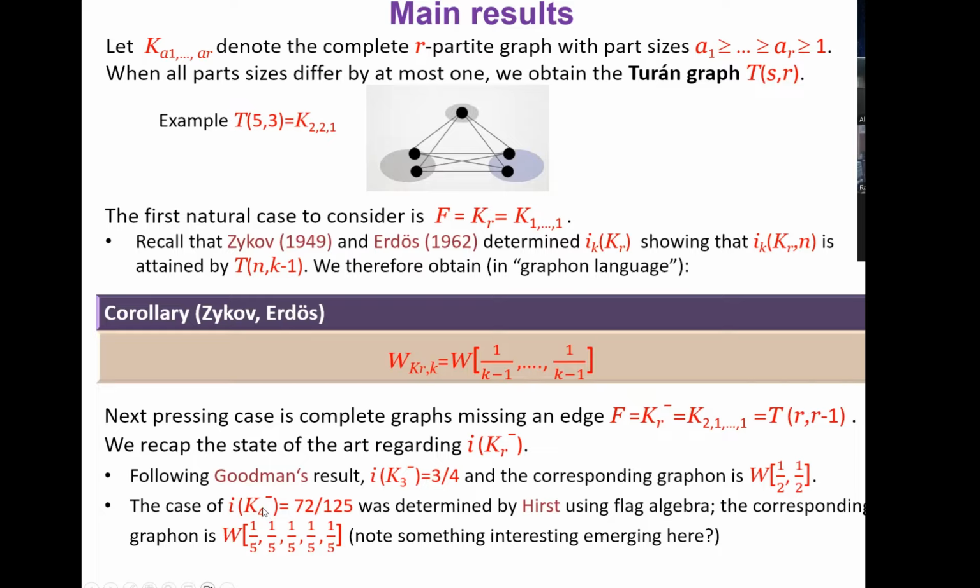And what's interesting here is that K4 minus is only 3-partite, yet the graphon has 5 parts. And also, not all parts in K4 minus are of equal size, right? There are 2, 1, 1, but the part sizes of the optimal graphon are equal. So something interesting starts to emerge here.